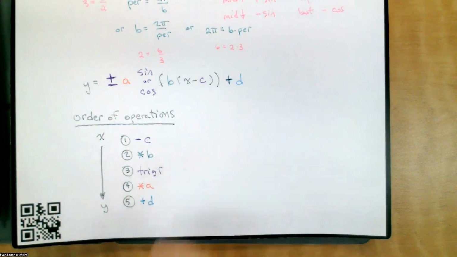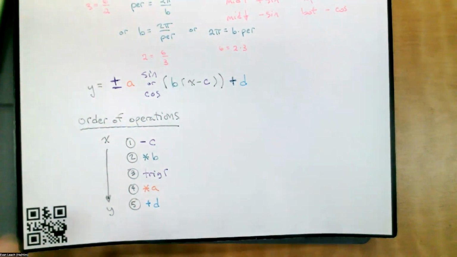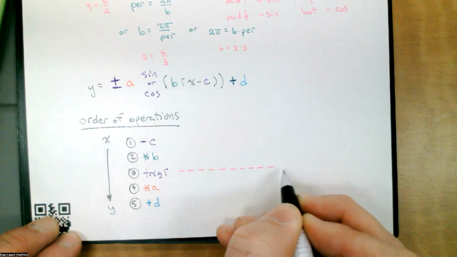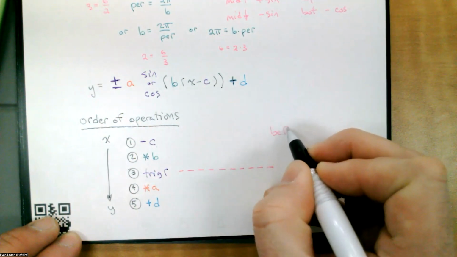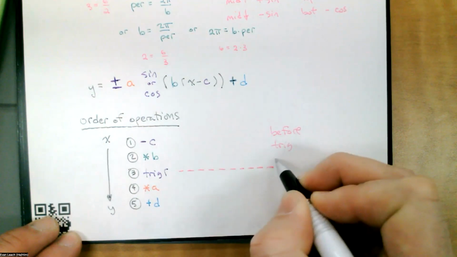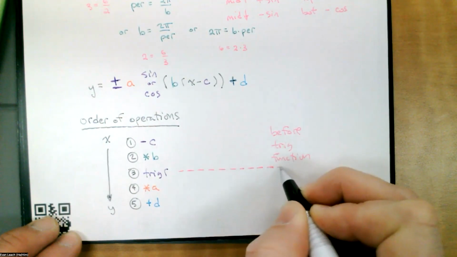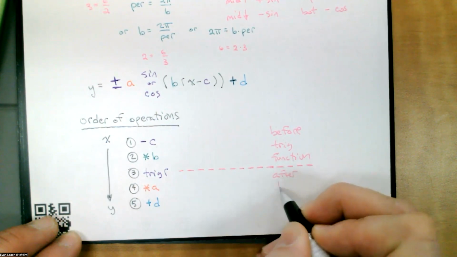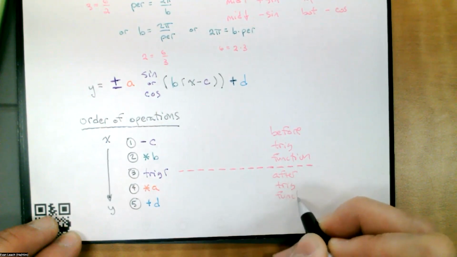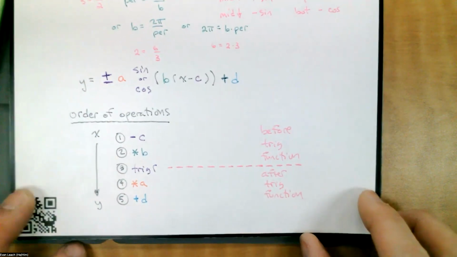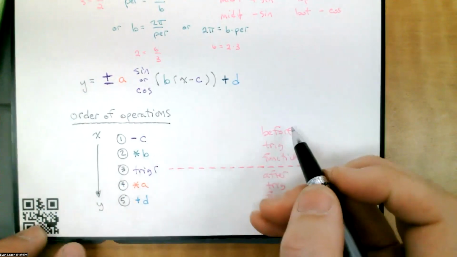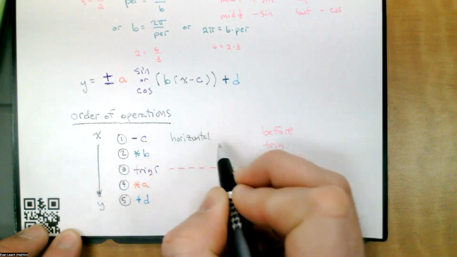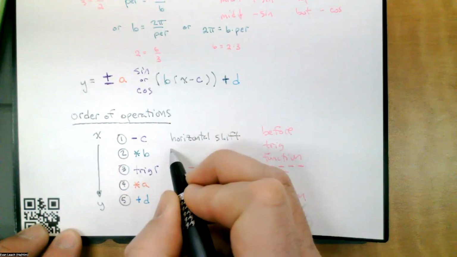So the two operations before the trig function are horizontal effects, the horizontal shift and the horizontal stretch.